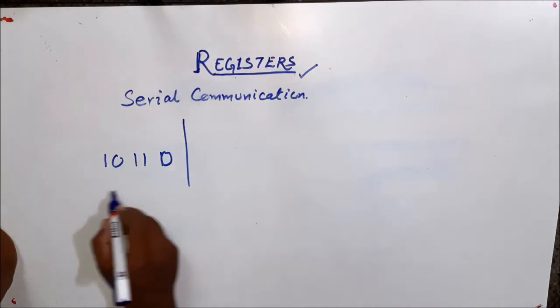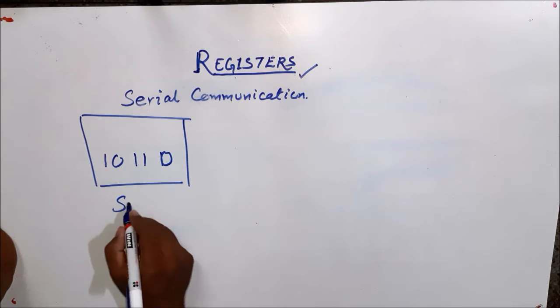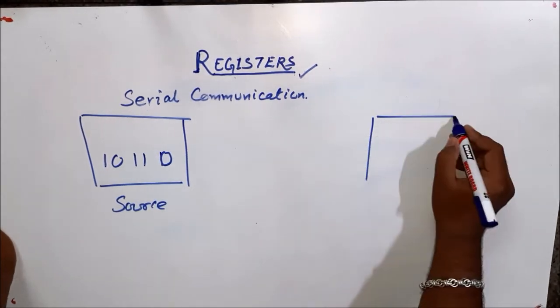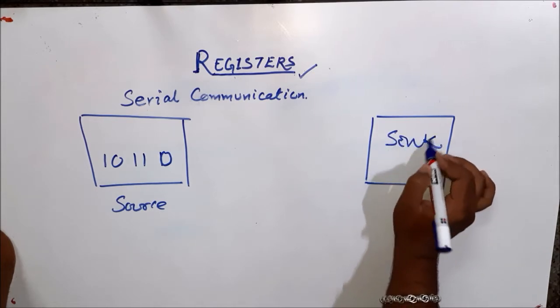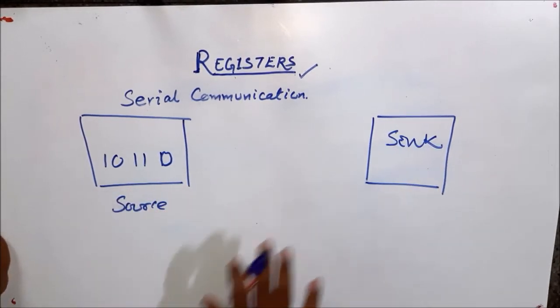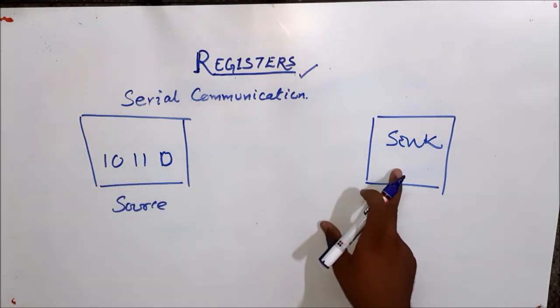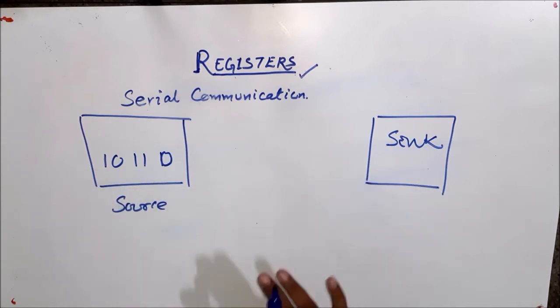from the source, let's call this my source, to the destination or sink. This is my source, this is my sink. I want to transfer this information to this. I mean, this 5-bit word has to be transferred to the sink.